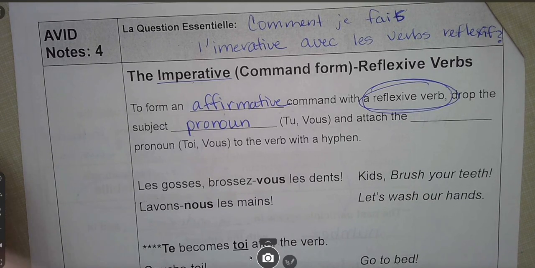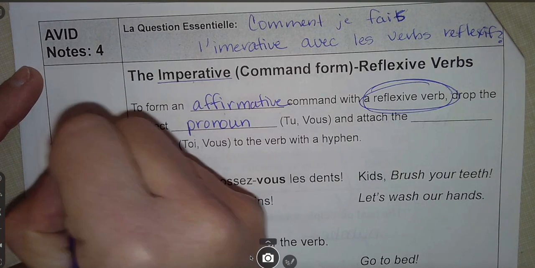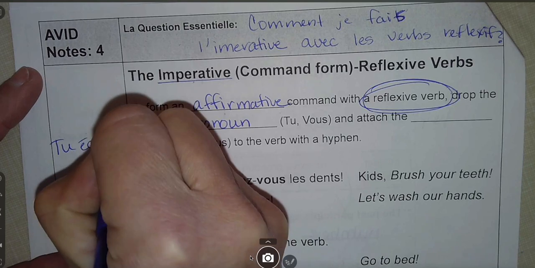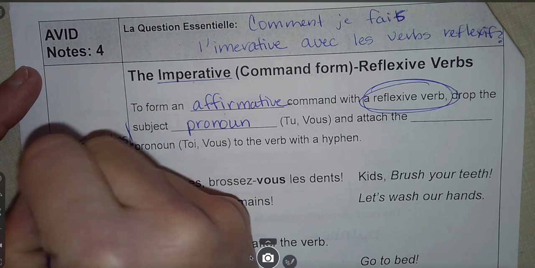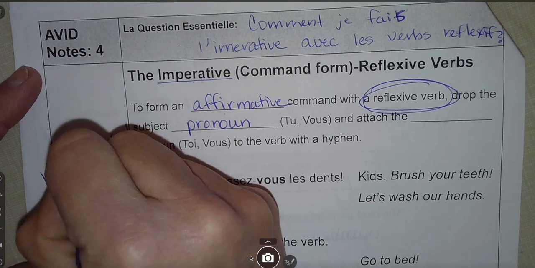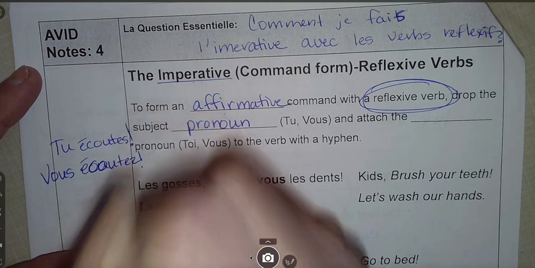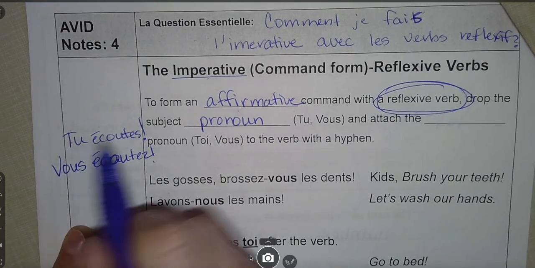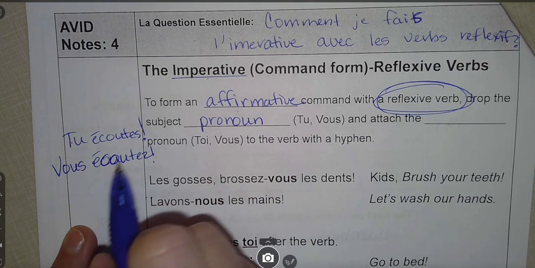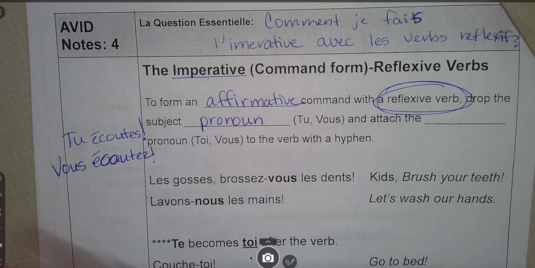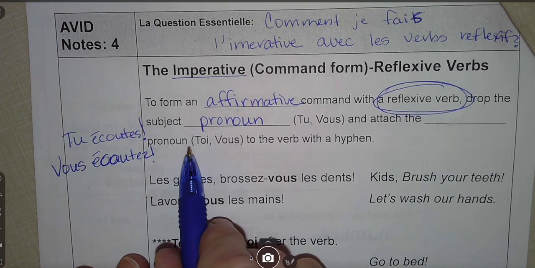Whenever we give commands, we're doing it to you, right? Like tu écoutes, or vous écoutez. Écoutez. I'm basically saying you listen. You all listen. So it's always going to be a tu or a vous.